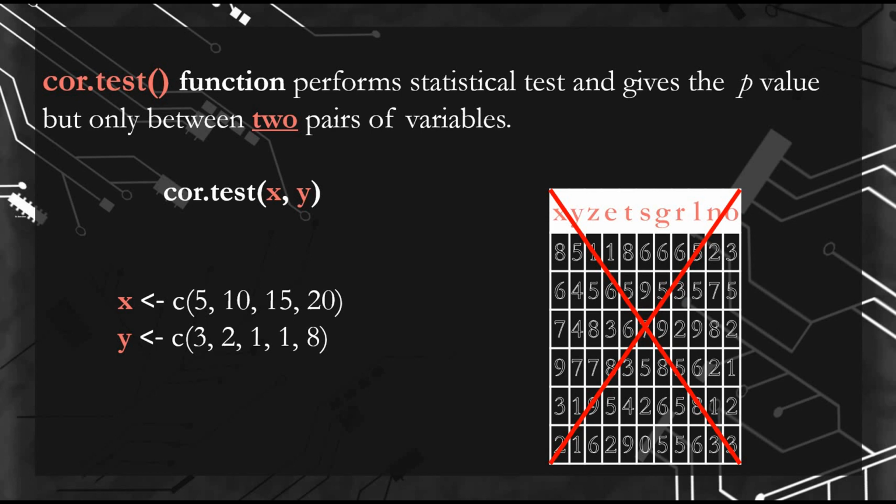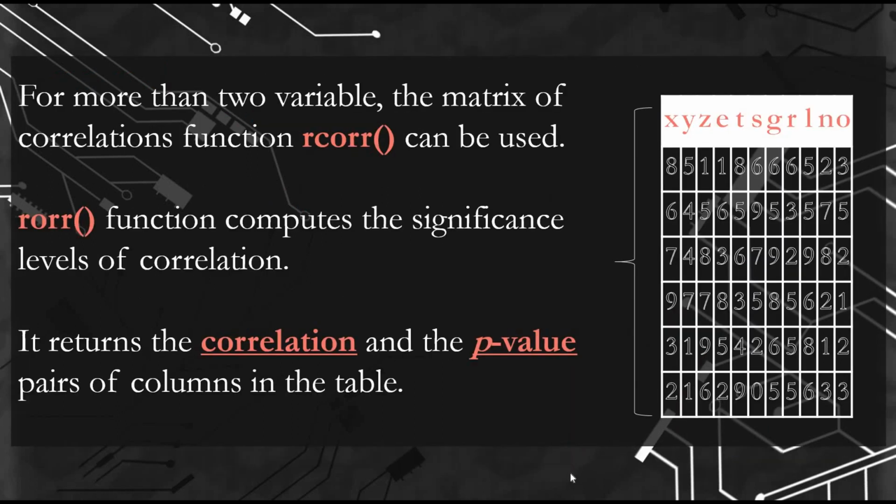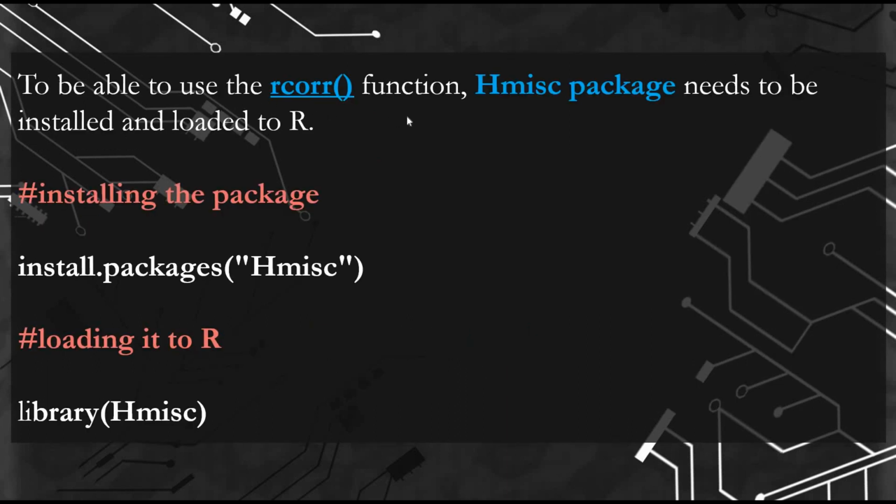For example, it can measure the correlation between x and y and return the p-value, but it can't be applied to the table. For more than two variables, the matrix of correlation function can be used. It calculates the correlation between the variables and also returns the p-value. To be able to use the matrix of correlation function, we need to install and load the Hmisc package into R.